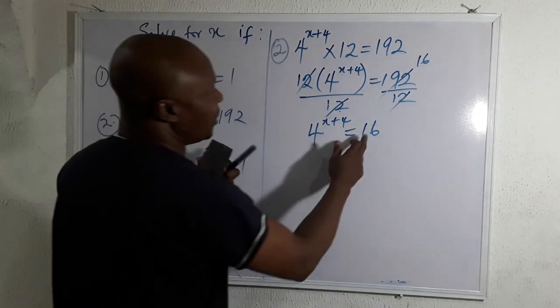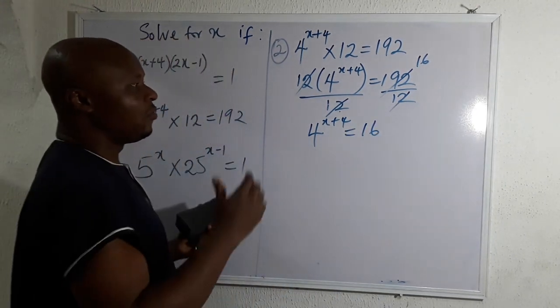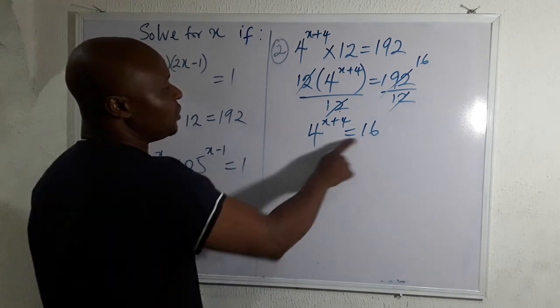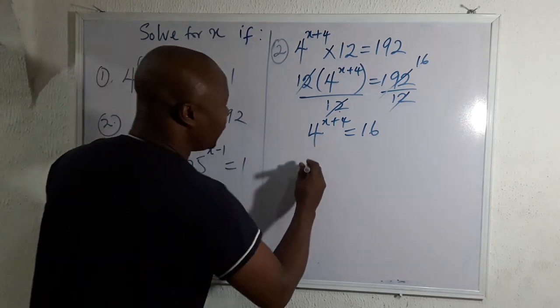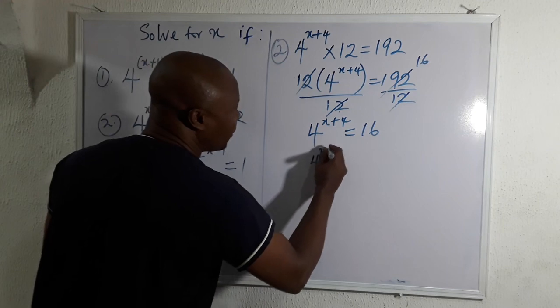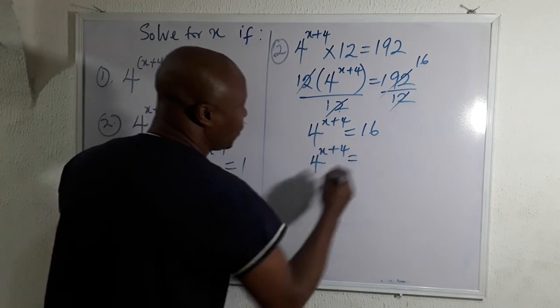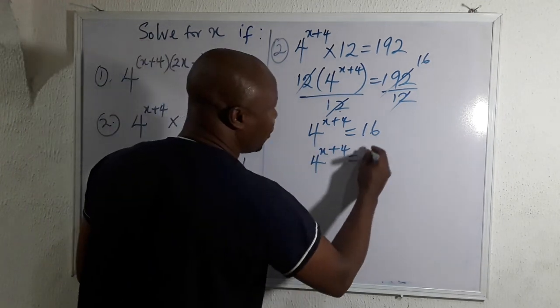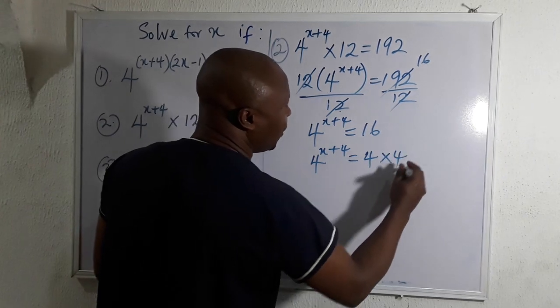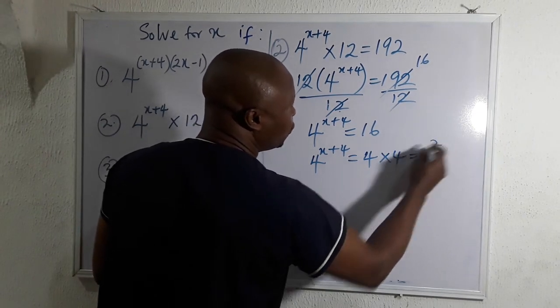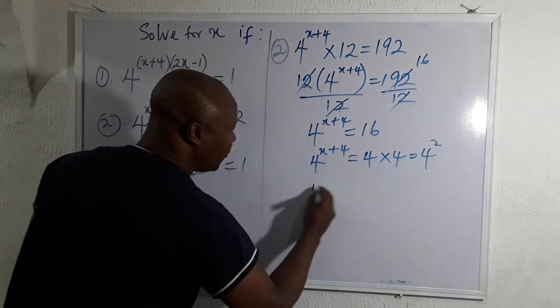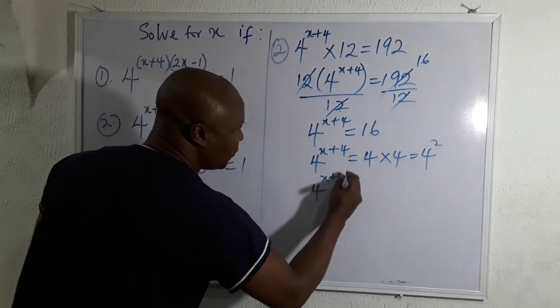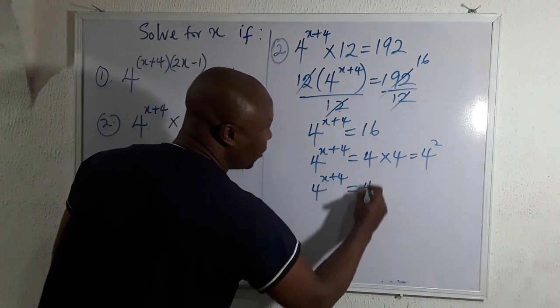Now this 16 can be re-expressed with the base of 4. 16 is the same thing as 4 times 4, which is 4 raised to power 2. So that will be 4 raised to power (x + 4) is equal to 4 raised to power 2.